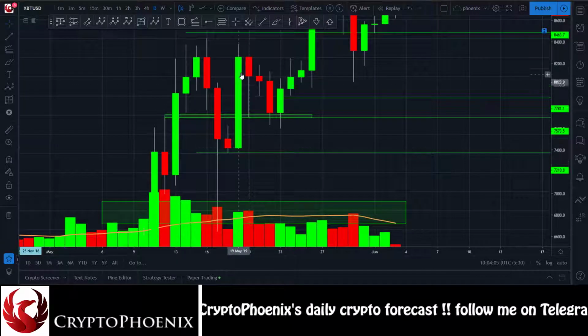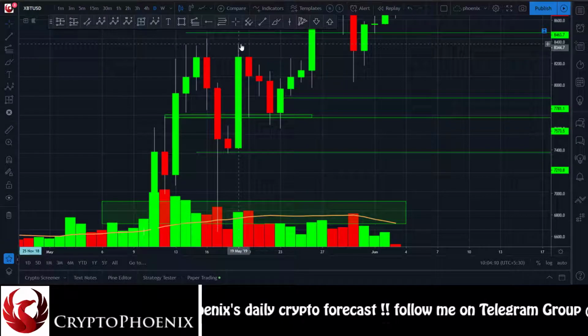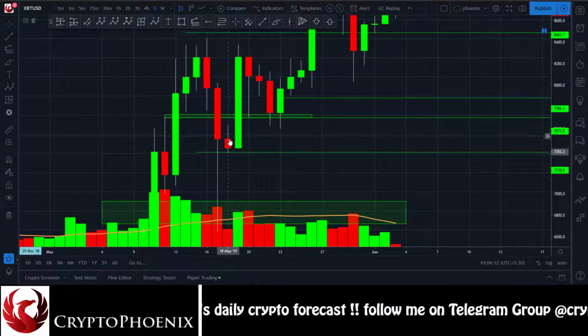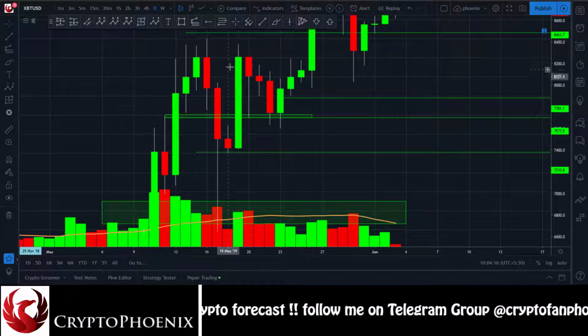If you just ignore this wick, you can see this as a completely fully filled body candle. This is called the body and this is called the wick.